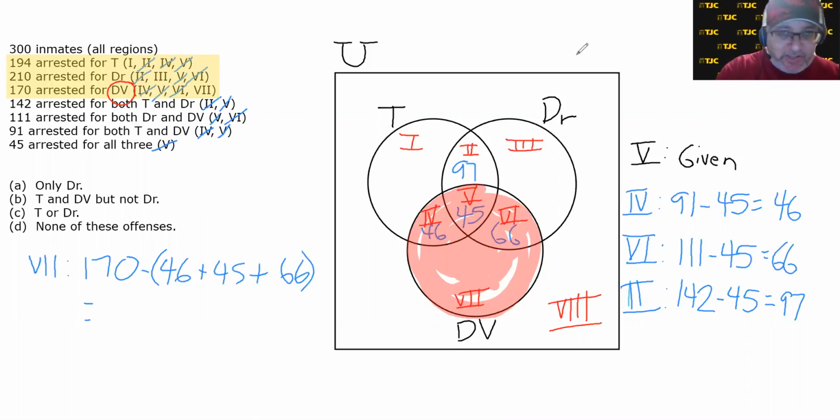And that will give us the missing piece of that circle. Calculator. 170 minus 46 and 45 and 66 is 13, which means in region 7, we have just 13.